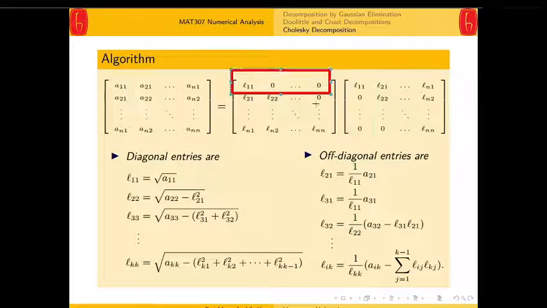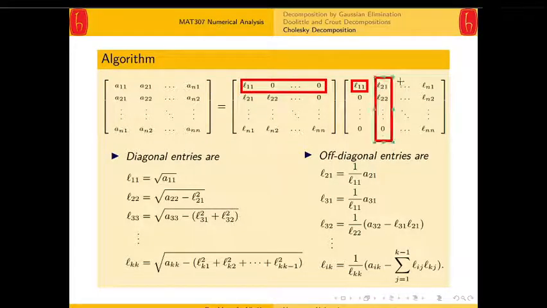Once we have L11 here and there, we can multiply them. For example, we can multiply the first row with the columns of the second matrix. This way we can find, for example, L21, L31, and so on, up until we have Ln1.